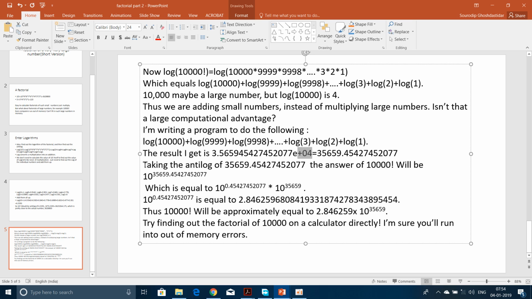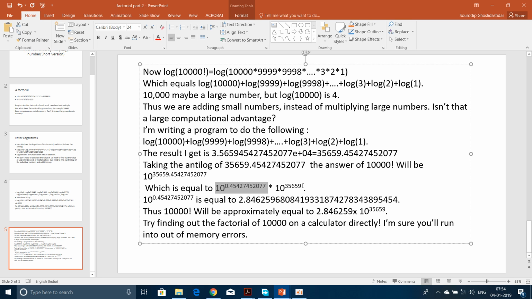So the answer would be the antilog of 35659.454, that is, 10 to the power of 35659.45. This is equal to 10 to the power of 0.4542, the places after the decimal point, into 10 to the power of 35659.